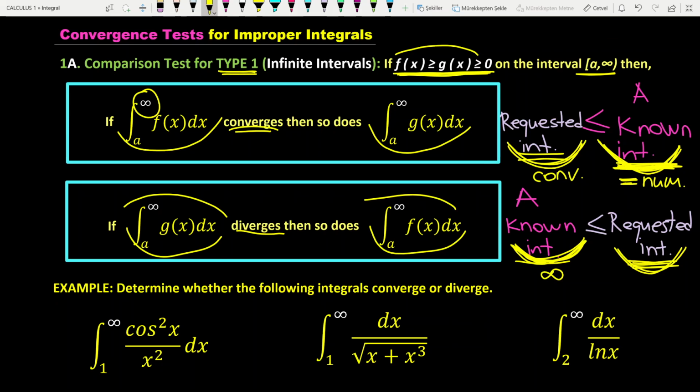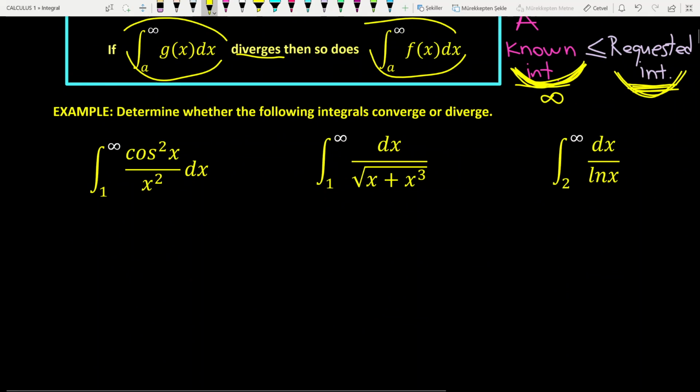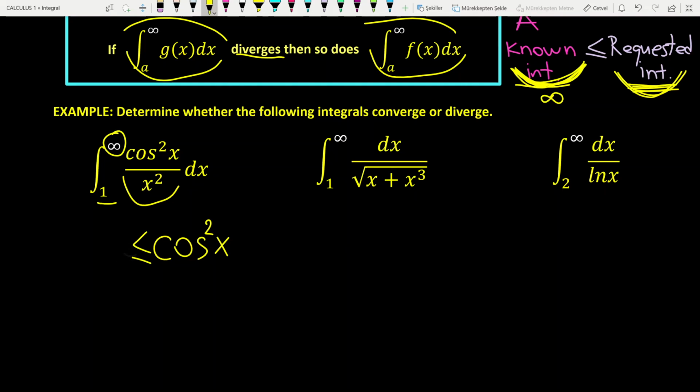The first example is the integral from 1 to infinity. Since we have infinity here, this is a type 1 improper integral. We will compare the integrand with some other function. We know that cosine x is between -1 and 1, but cosine squared is between 0 and 1.